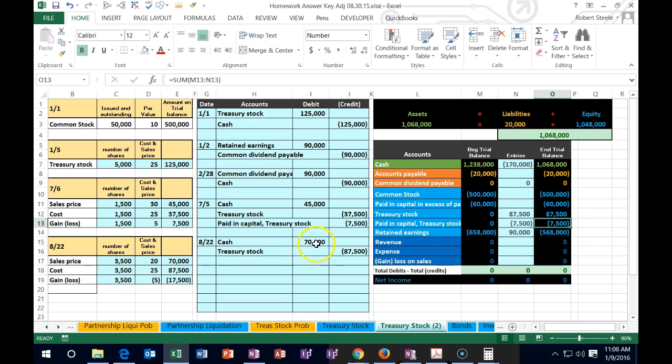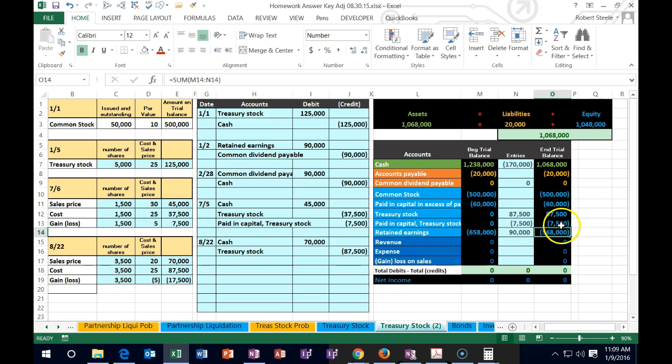Now you might be saying if I highlight these two, the 70 and the 87.5, we have a difference of 17.5. And the paid-in capital treasury stock only has 7.5 in it. So we're going to have to do something other than that. We're going to have to take this to 0, and then we'll still have a plug that we're going to have to put somewhere, and that will go to the retained earnings.